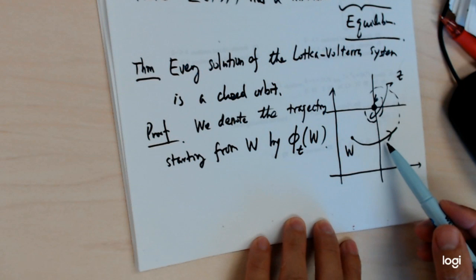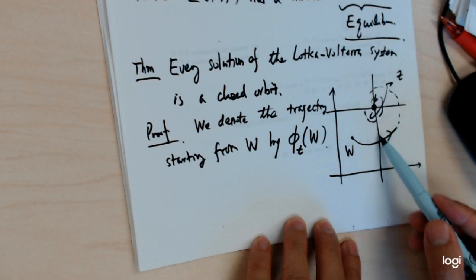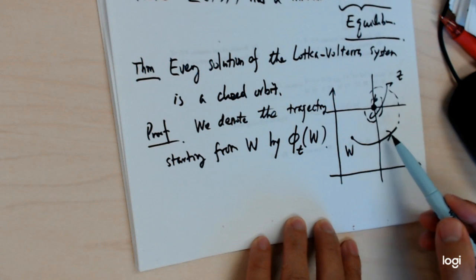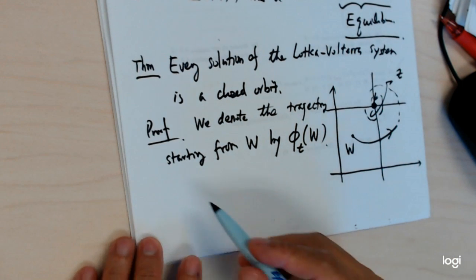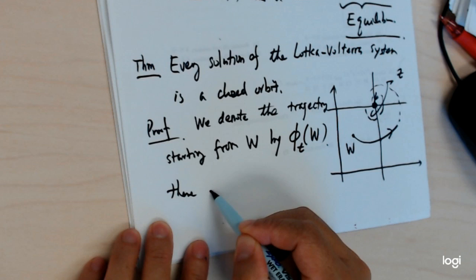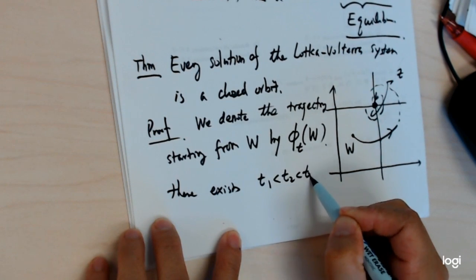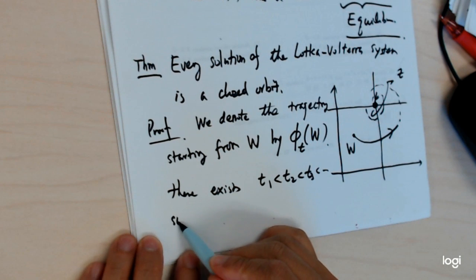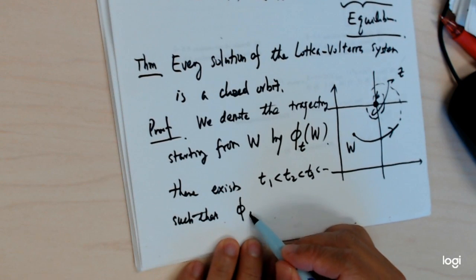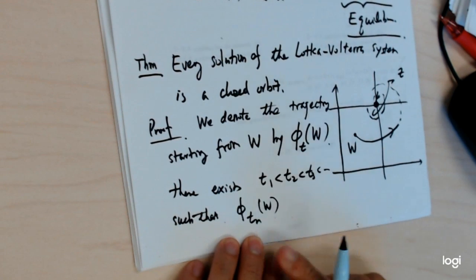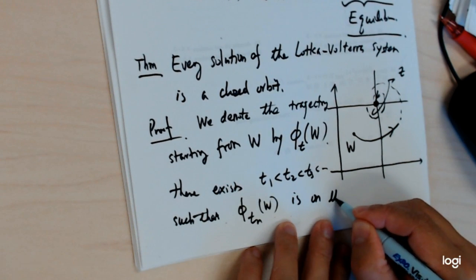Based on our analysis, we know that this trajectory will cross this nullcline somewhere, and then cross this one somewhere, and then furthermore cross this one somewhere else. So let's say there exist different times such that this trajectory at those times will be on the x nullcline.